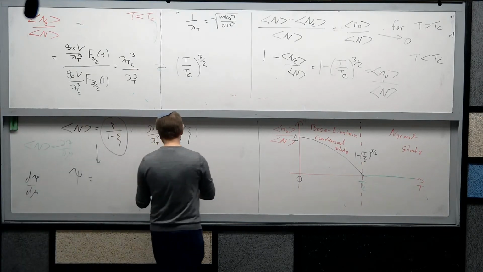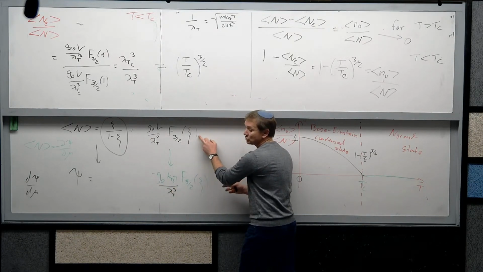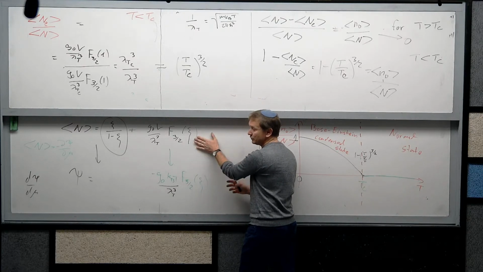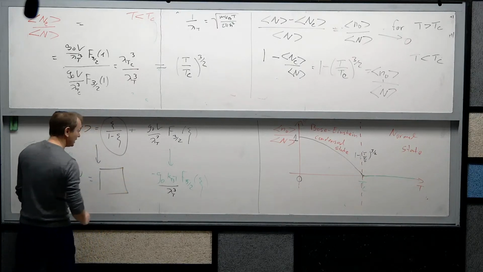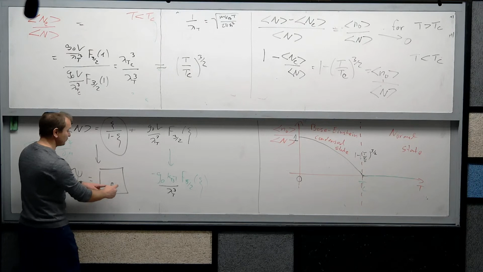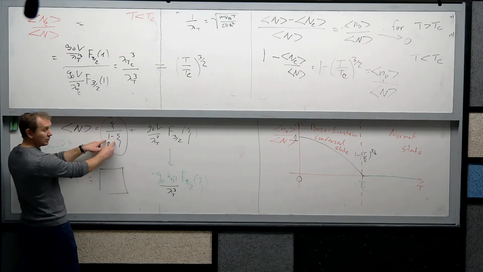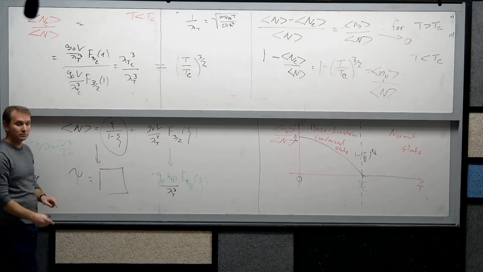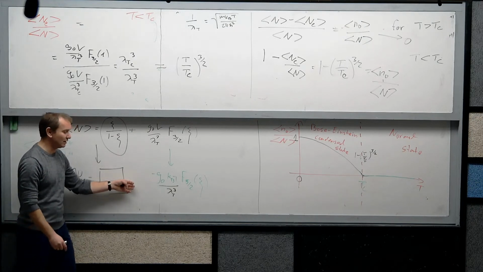So if I take the partial derivative of psi with respect to mu, I will obtain this expression. So this connection is fine. I'm saying there is also something else that I don't really know what it is, that when I take a derivative of whatever else is here, I have to obtain something that looks like this. That's my claim. I don't know what it is, but it's an additive to this.